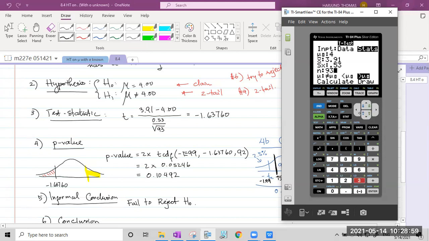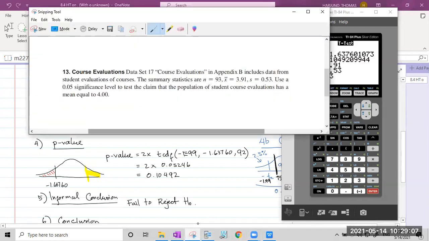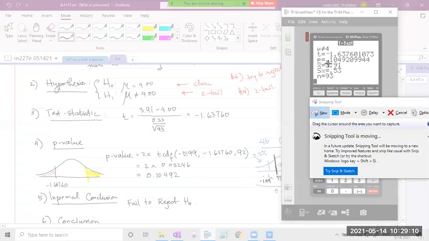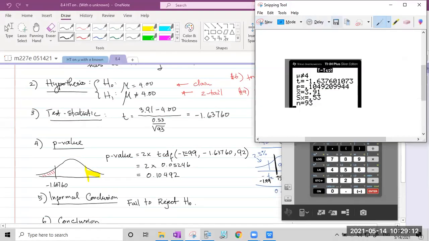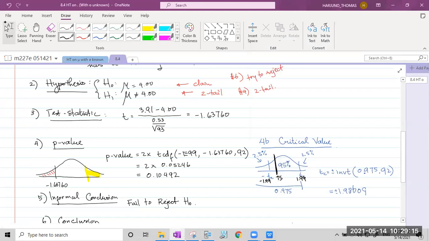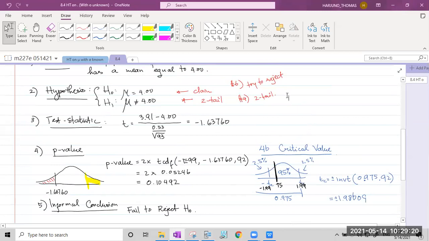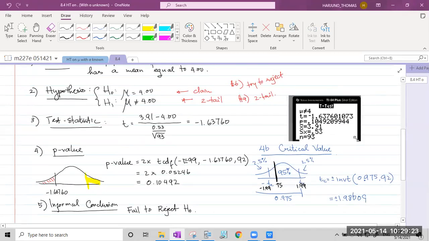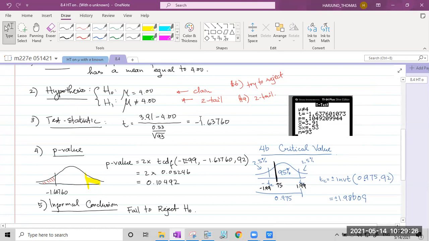We are doing two-tail. You see the test statistic is t, and the p-value is 0.10492.